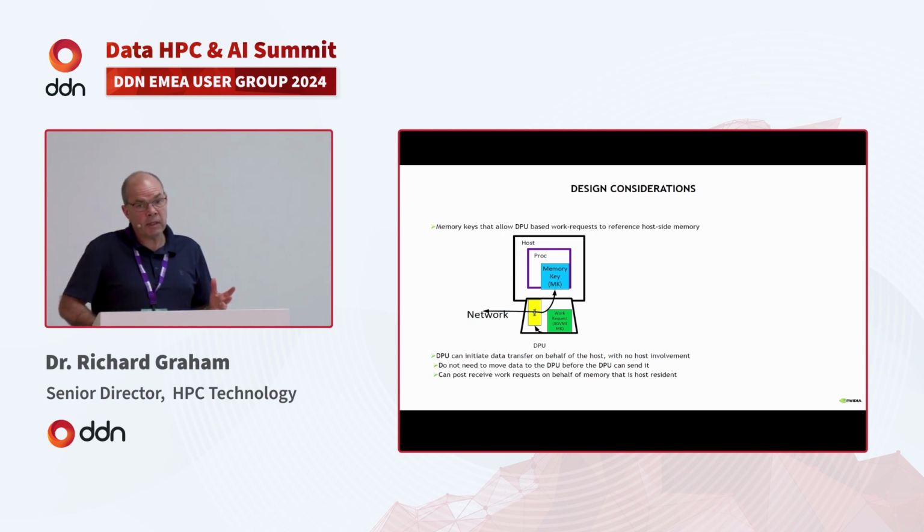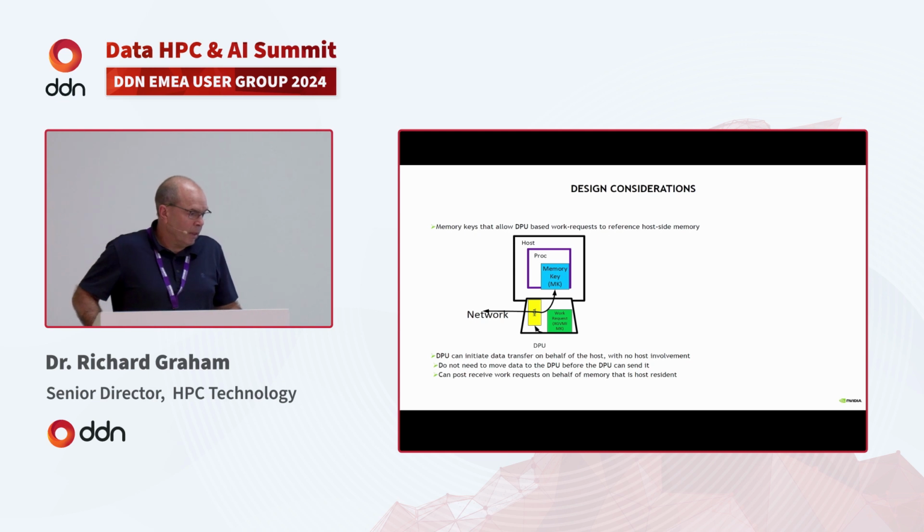And that's important because if you want to move data between hosts, the DPU is capable of generating that activity without copying the data from the host to the DPU, which of course would kill your performance. It would double your network bandwidth and your latency, and the like.